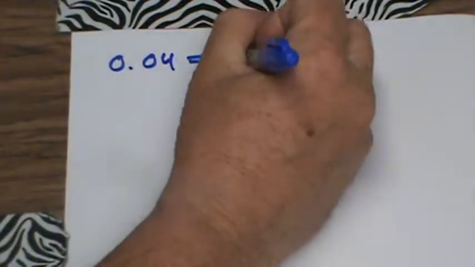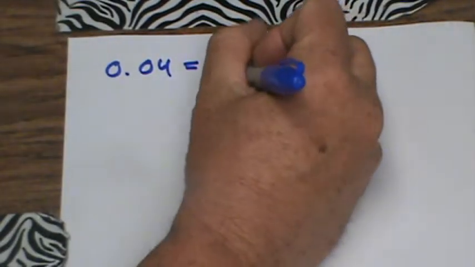Kick things into reverse. I'm going to get a new piece of scratch paper. Hopefully you still have room on yours. And if not, pause the tape and go get some more scratch paper. We're going to start off with a decimal, and we're going to convert it into a fraction. Get my little fraction bar over there. What will this look like in fraction form? Well, I know I could say that decimal is 4 hundredths, so this will just be 4 hundredths.